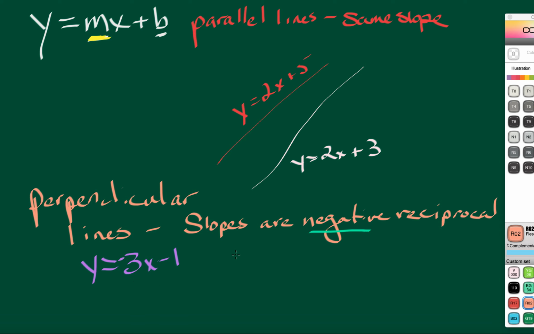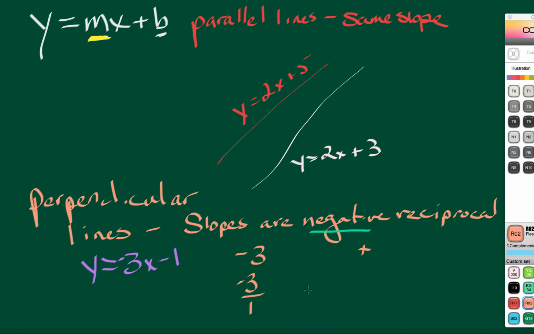So we look at negative 3, and so the negative part we get, it's going to be positive, right? But the reciprocal is kind of goofy because we're not looking at a fraction, but every whole number or every integer can be written as a fraction, right? So this negative 3 is basically negative 3 over 1.